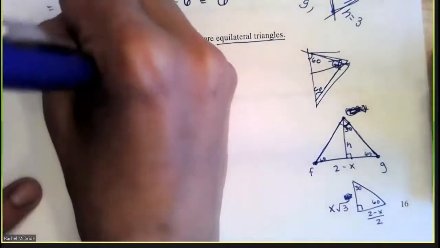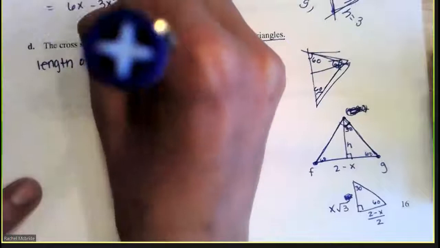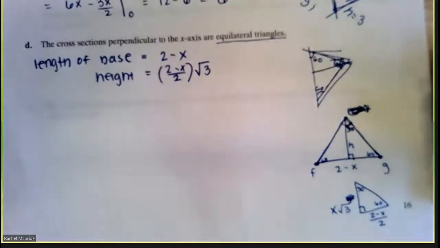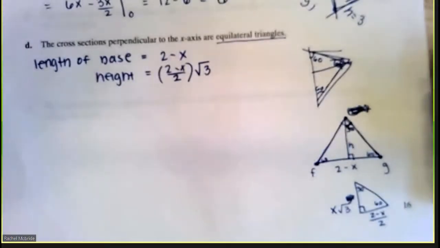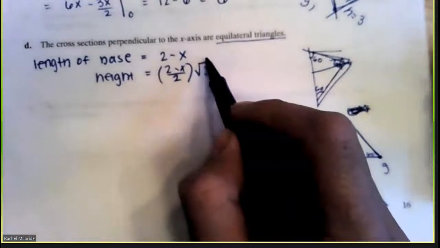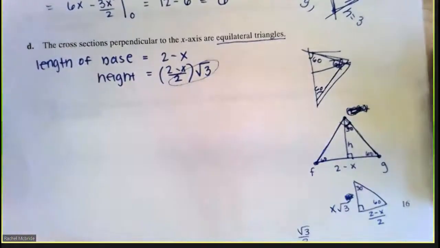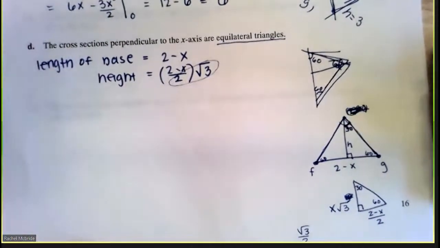The height would be equal to 2 minus x over 2 times root 3. And that should seem semi-familiar to you, because if you think about the sine and cosine of 30 and 60 degrees, both of them incorporate a root 3 over 2. And you can actually see that within this problem right here.